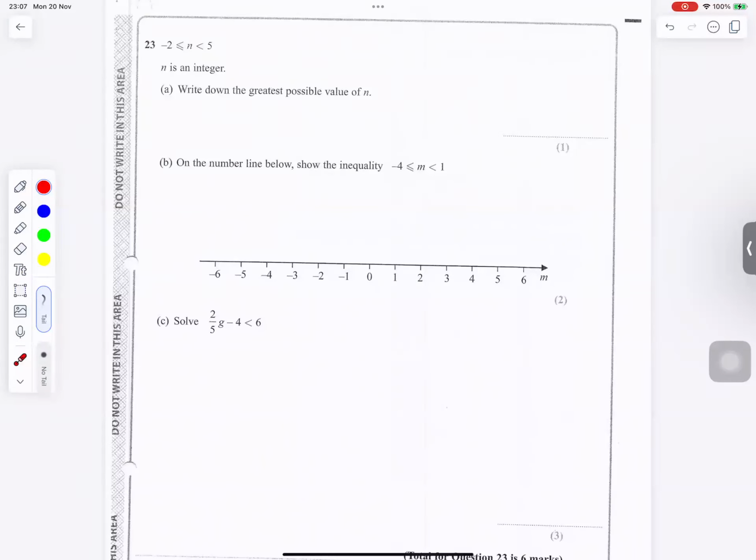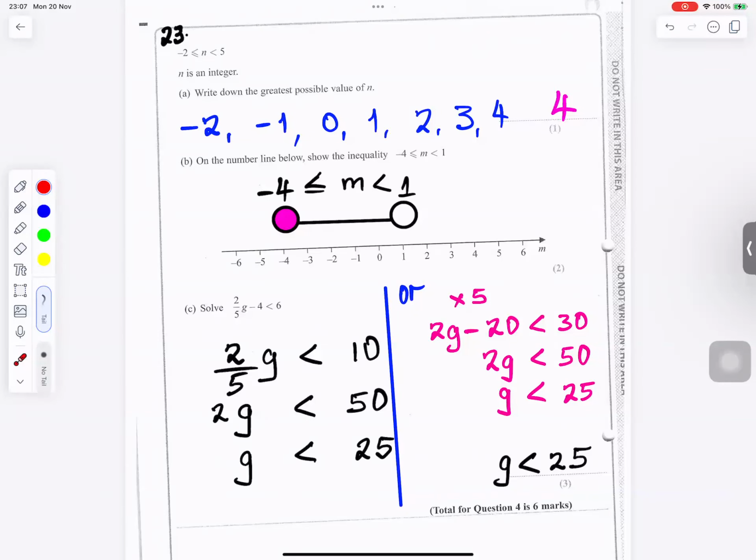Question 23. We start from -2 because it's less than or equal to, and we end at 4 because it's less than 5. So the biggest number is 4. So your answer is 4. We start from -4.